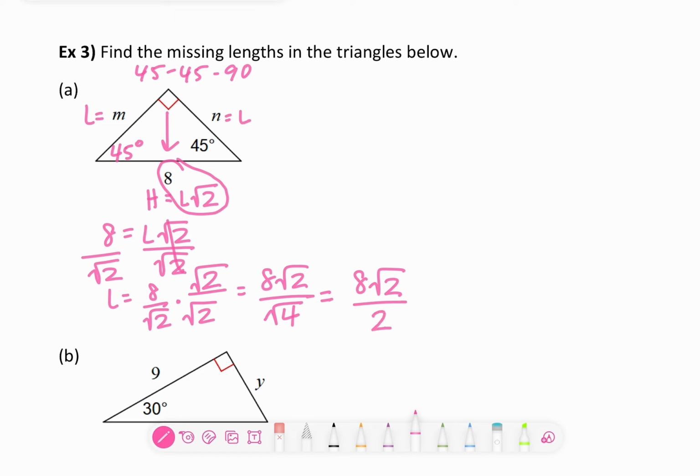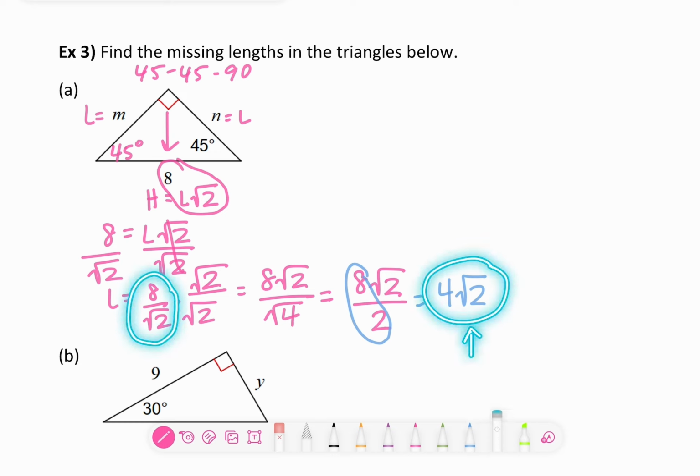And so then we can divide these numbers, 8 divided by 2, and we end up with a 4 and then a square root of 2. So this 8 over square root 2 is the same as 4 square root 2, but this is what we call rationalized, and this is the best way to write that answer. They're both correct. It's just we're not allowed to write our answers this way when it comes to algebra, okay?